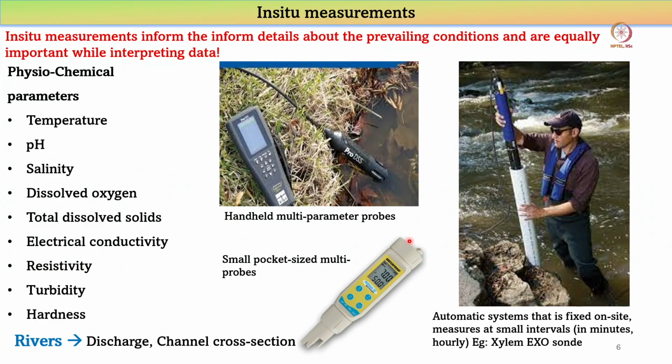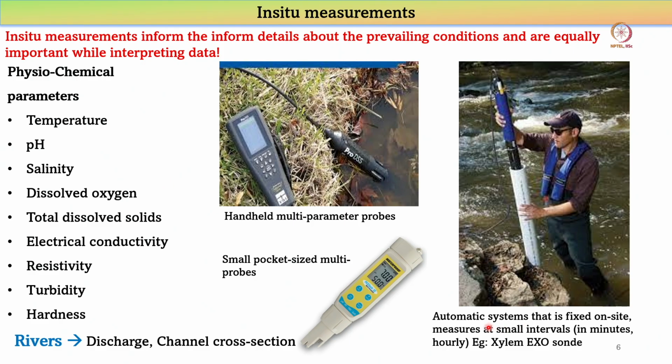This is a pen probe, a smaller item, more suitable for groundwater and lake water. If you're doing a depth study, you need to lower the probe to different depths to see how depth-wise changes are happening. Say you want to see how salinity is changing with depth, or how dissolved oxygen is changing with depth, then you can use these kinds of probes where you lower the probe to a particular depth and see the value.